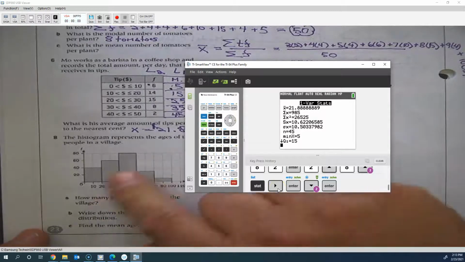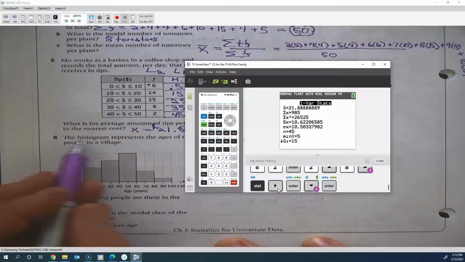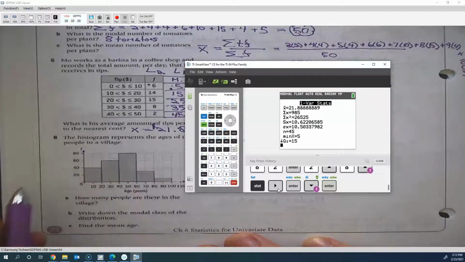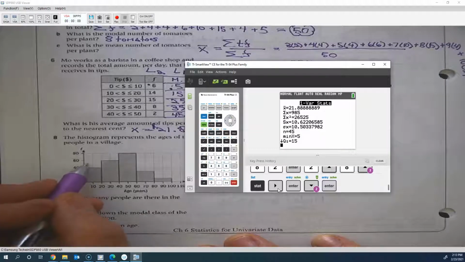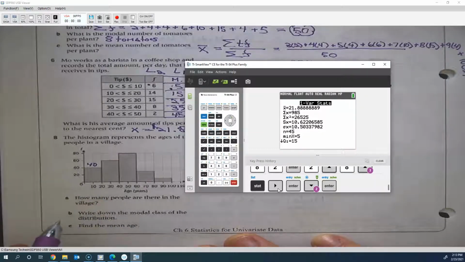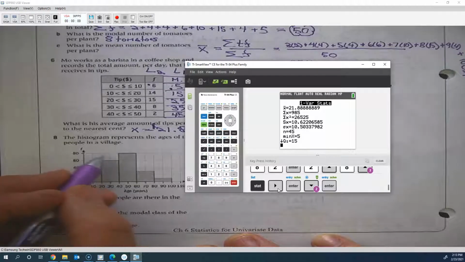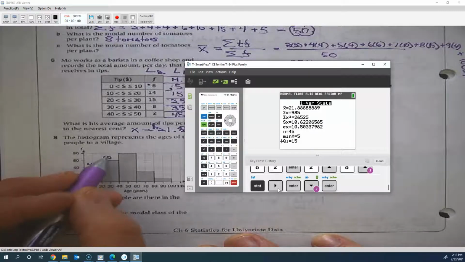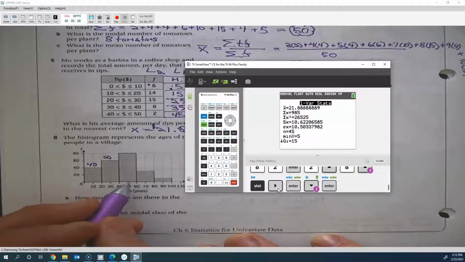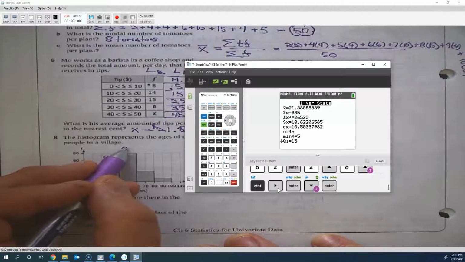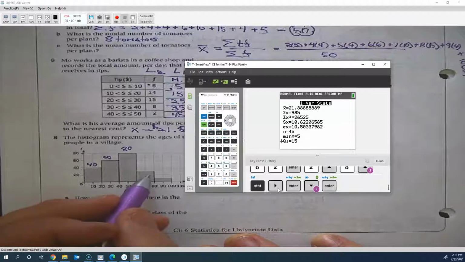All right, last one here. So a histogram represents the ages in a village. How many people live in the village? So the height of each, that's 40 people. Between 20 and 40, there's 60 people. Between 40 and 60, 80 people. Then that looks about 30.